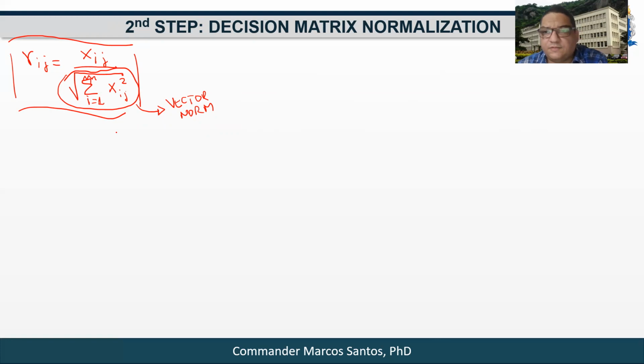So now we have less work to do. Let's calculate the value r11. We have x11 over the vector norm of cost.